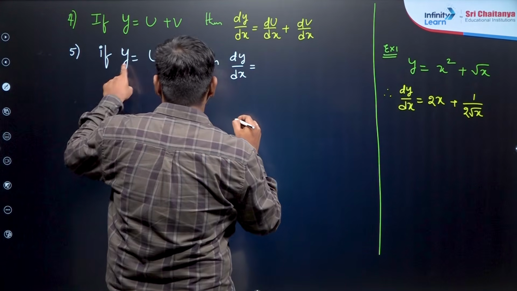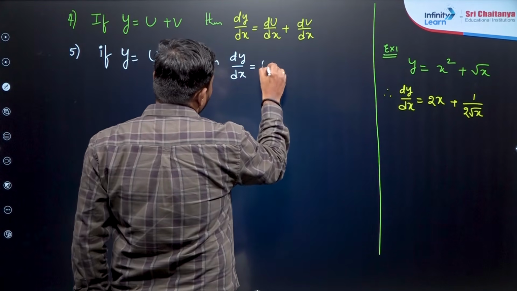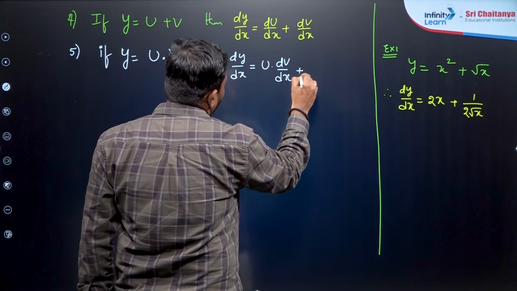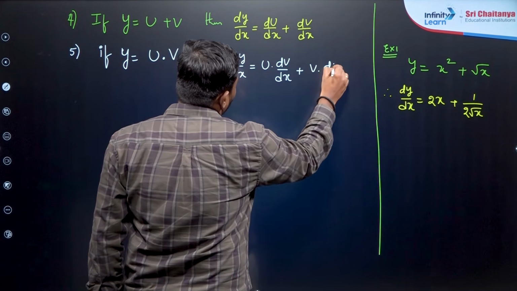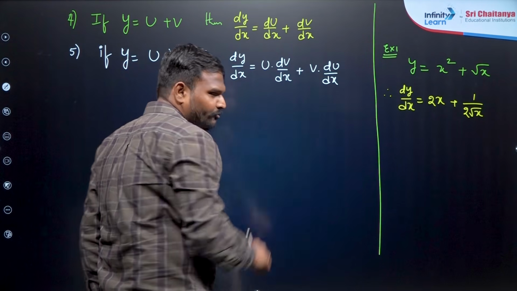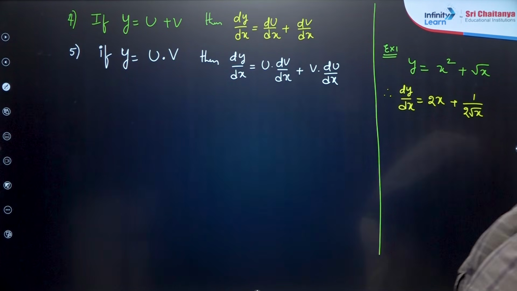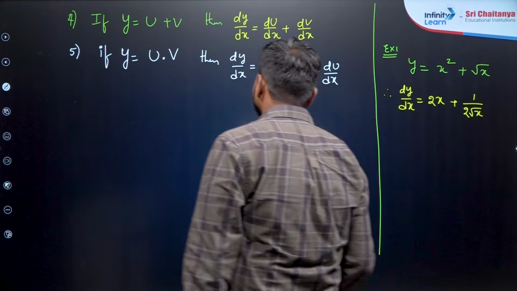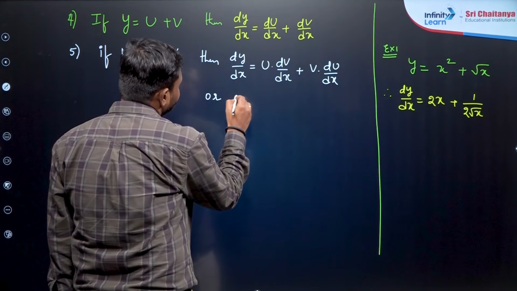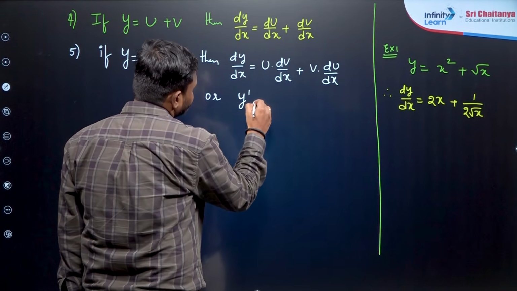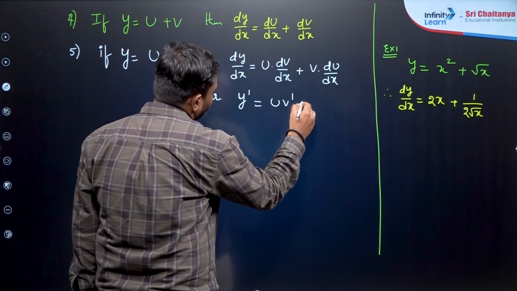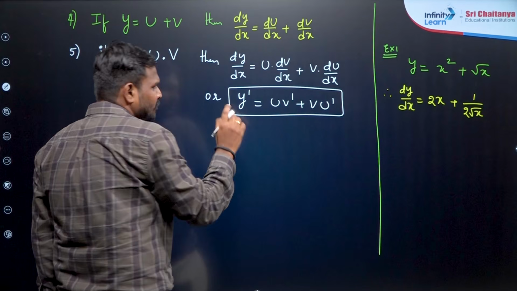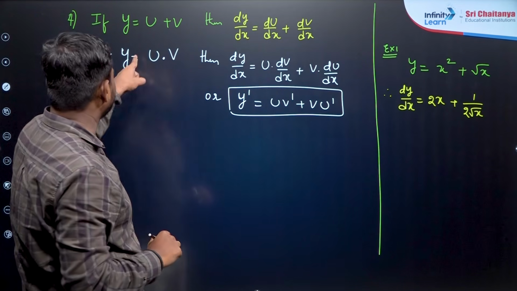The derivative of y is given as u into v dash plus v into u dash. Is that clear? So this is the formula for the multiplication rule.